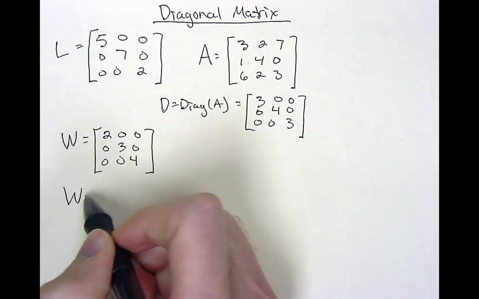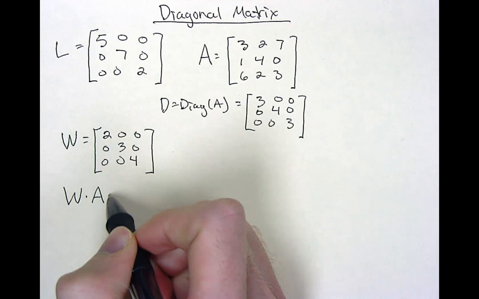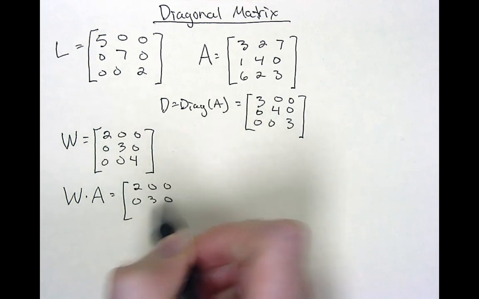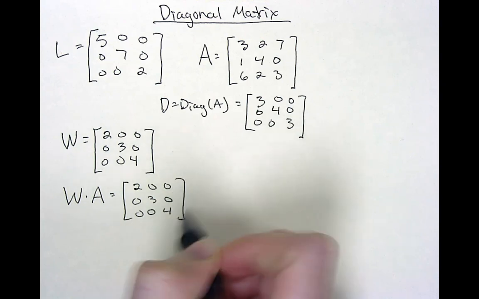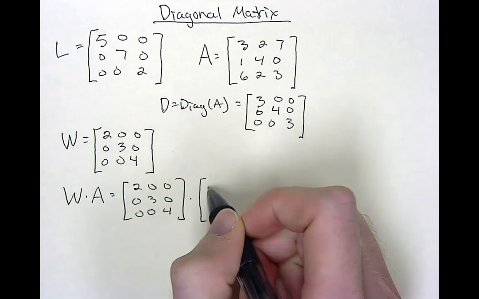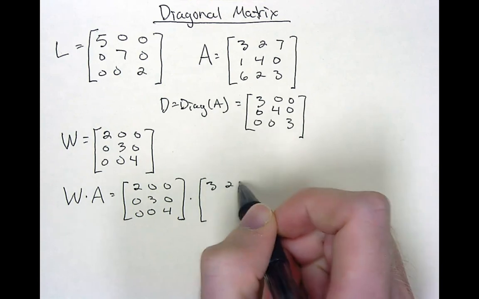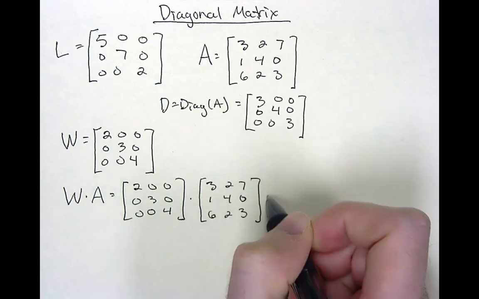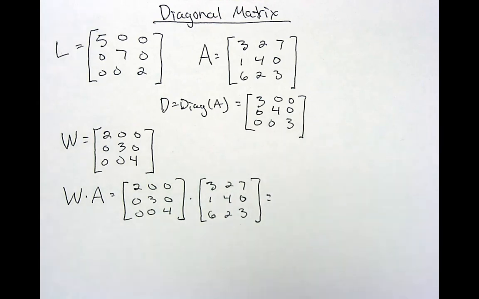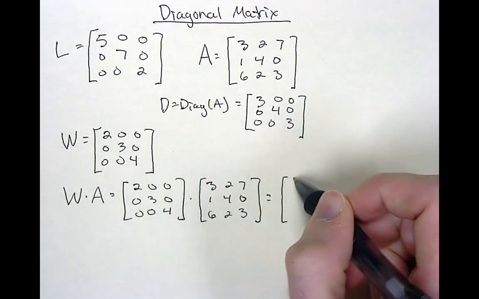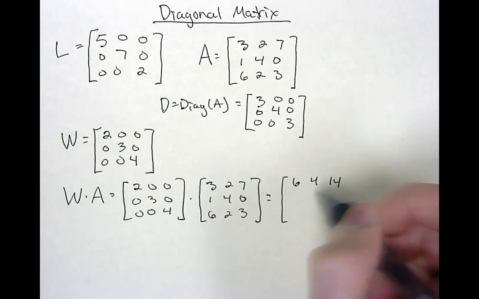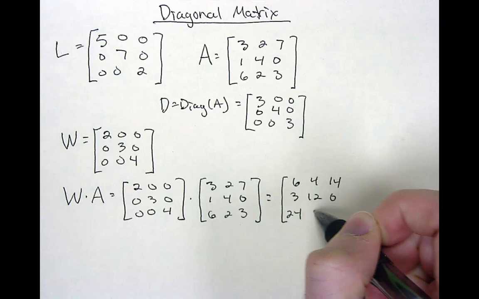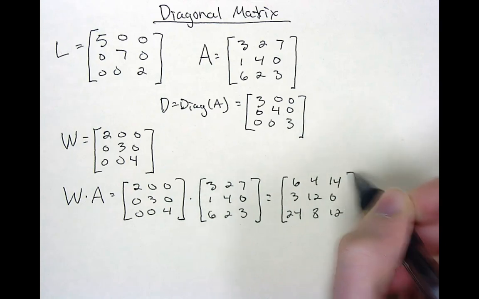So let's do that weight matrix times A. And the result will be 6, 4, 14, 3, 12, 0, 24, 8, and 12.